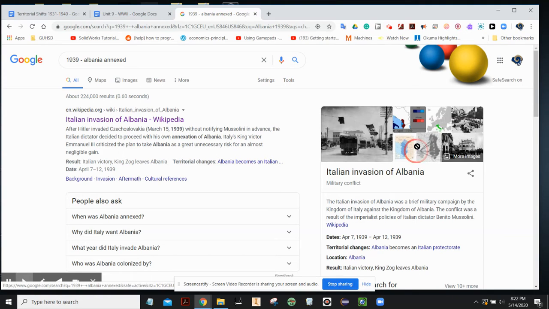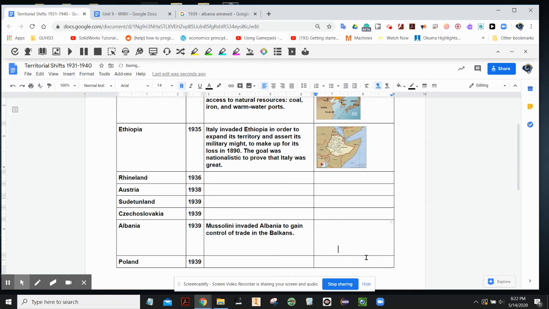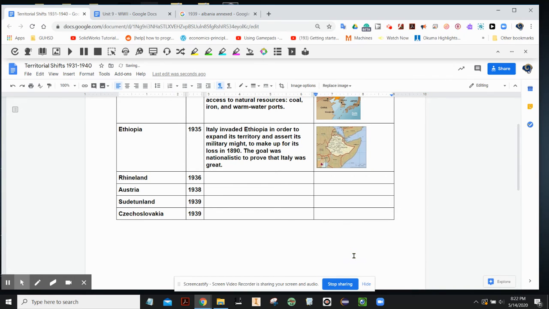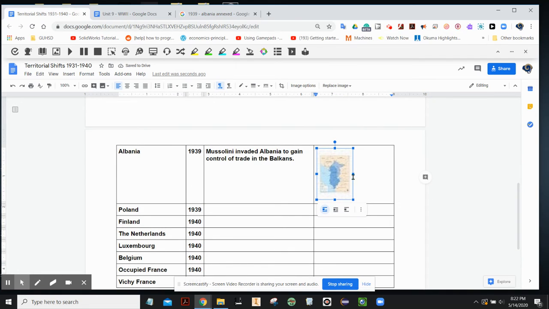And I can just take that little thumbnail, drag it over to my drive, and drop it in there. Once it drops in, I can make it a little bit bigger. And that forces me to another page.